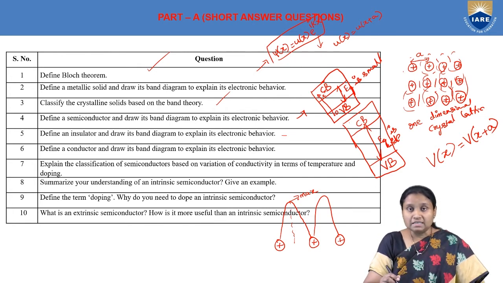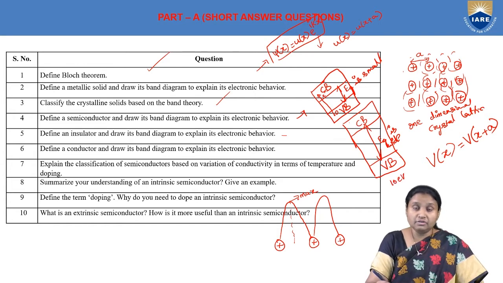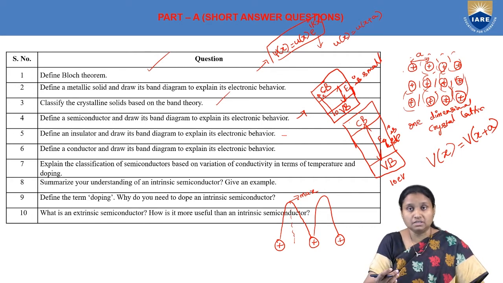If we take glass, the forbidden energy gap is around 10 electron volts, and if we supply that much energy, the material is going to get destroyed. Because there is no availability of free electrons or any type of charge carriers, conduction is very, very less in insulators.